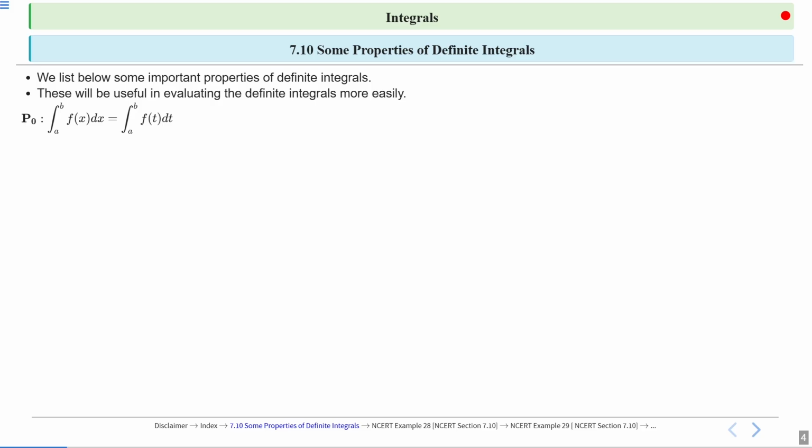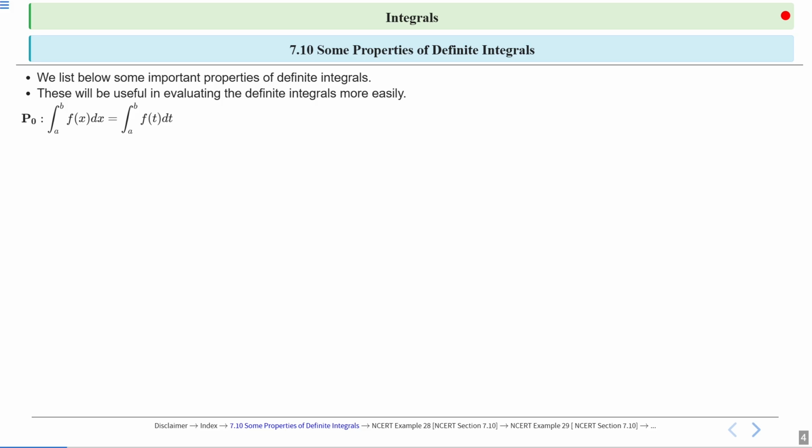The first property we write as P0. We also have to remember the naming, that is, the property number is P0. Okay. So the property says the definite integral from a to b f(x) dx is equal to the definite integral from a to b f(t) dt.